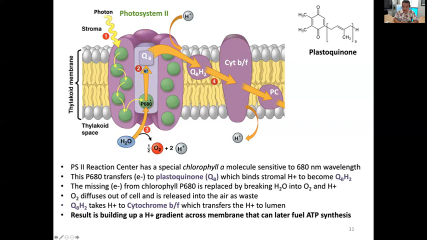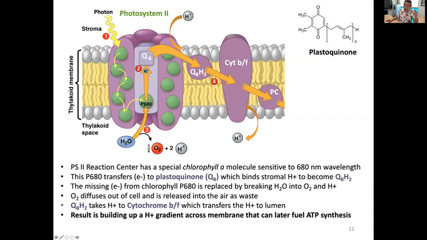Once this P680 chlorophyll gives up its electrons, it needs to get electrons back, because if it gives up all of its electrons, what happens to its chemical structure? As the electrons are being booted off the P680 due to the resonance energy coming through all the chlorophyll molecules, those electrons are replaced by the electrons taken off the water.